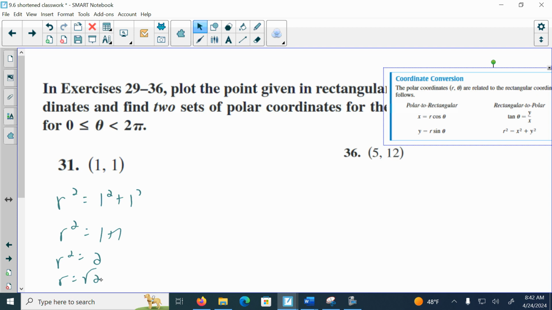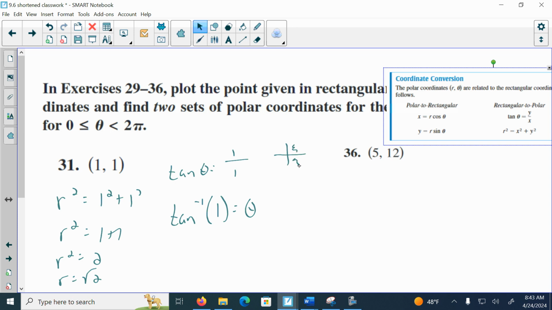And then to find my angle, I'm going to say the tangent of theta is equal to my y, which is 1, over my x, which is 1. So if I didn't know this, which you kind of should notice, I'm going to do the inverse tangent of 1. 1 over 1 is 1. That's going to be theta. And when I put that in the calculator, remember since I'm doing the inverse tangent, it's only going to give me an answer from the first and the fourth quadrant.